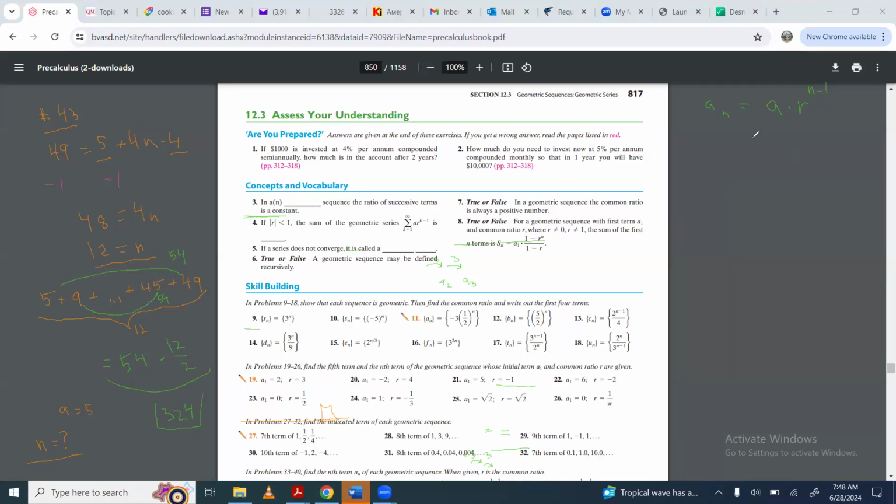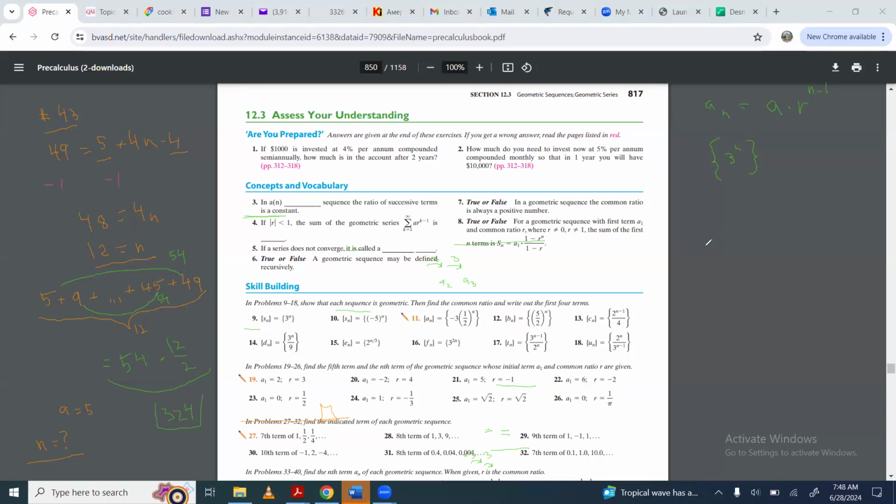So if you have 3 to the power of n, remember they put these braces around instead of the word sequence. So braces mean that we have a sequence. And they also say it's geometric, which means that we keep on multiplying.